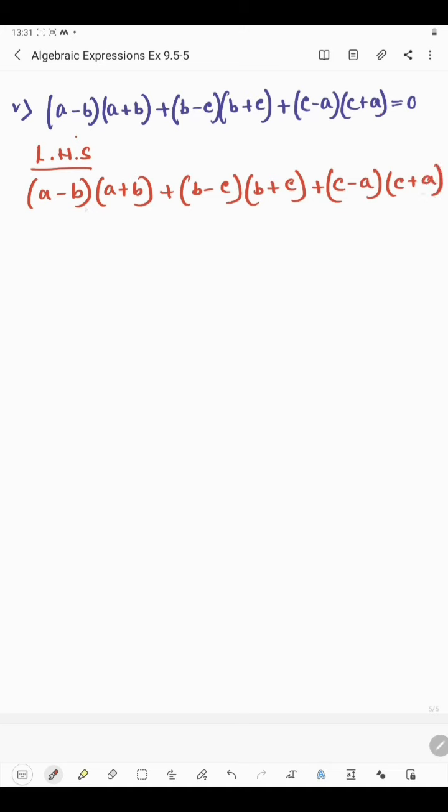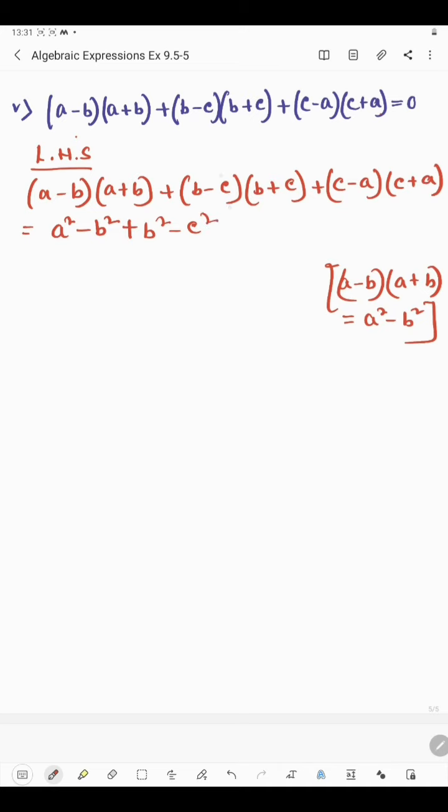Now we know that (a − b)(a + b) is a square minus b square identity, right? So we'll write a² − b². Similarly, (b − c)(b + c) will be b² − c².